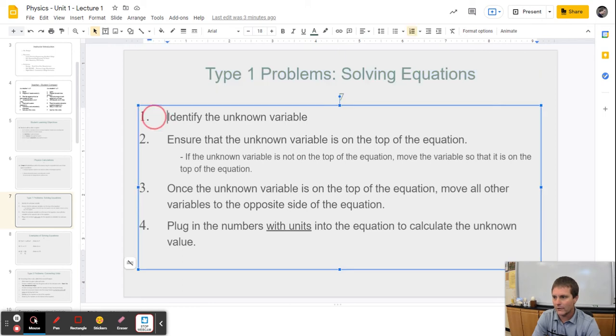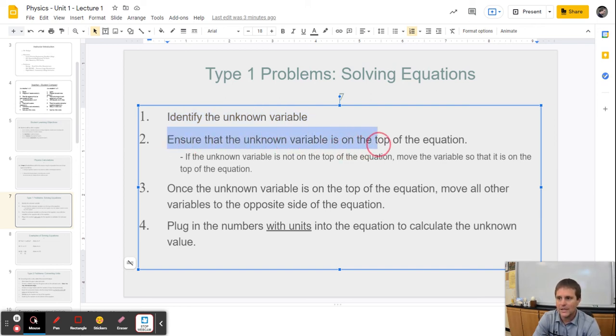The first step that we're going to do is identify the unknown variable. Whether that's an x or a y or a z, like in math class, or maybe it's speed or distance or time, you find out what the unknown variable is.